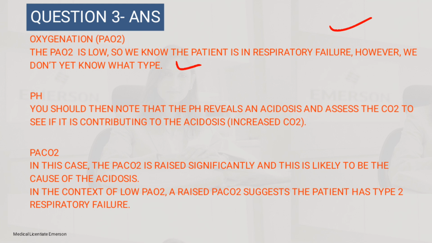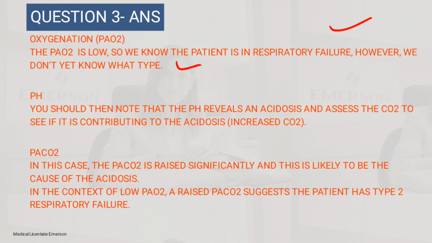So in short, in this case, the patient has a significantly raised partial pressure of carbon dioxide, and this is most likely causing the acidosis. The low partial pressure of oxygen and the raised carbon dioxide suggest type 2 respiratory failure.